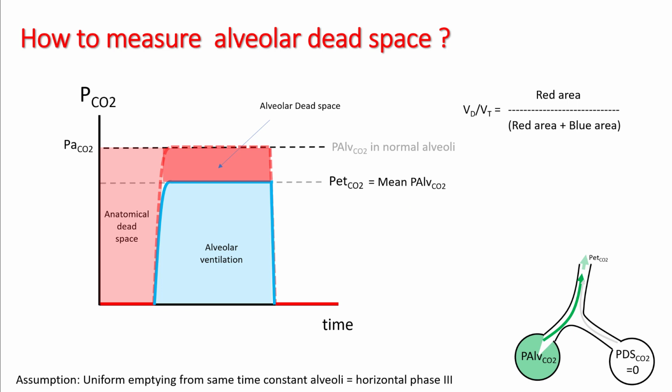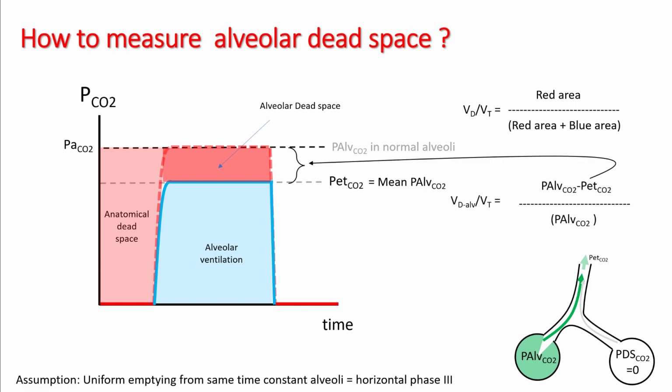However, the P alveolar CO2 in the normal alveoli would be much higher and will be approximately equal to P arterial CO2. So VD by VT would be the sum of this whole red area divided by red plus blue area. Alveolar dead space would be represented by the difference between the P alveolar CO2 and P end tidal CO2. If you divide by the total P alveolar CO2, you will get the alveolar dead space fraction.